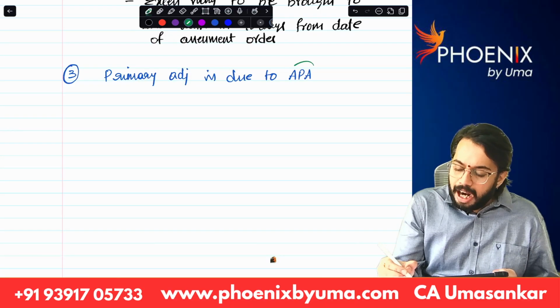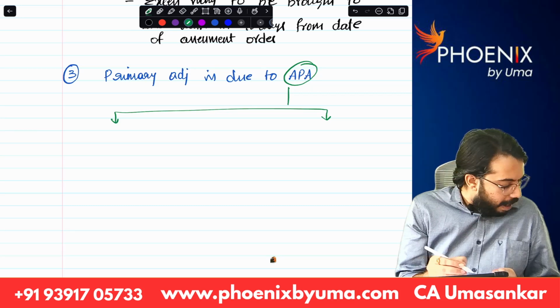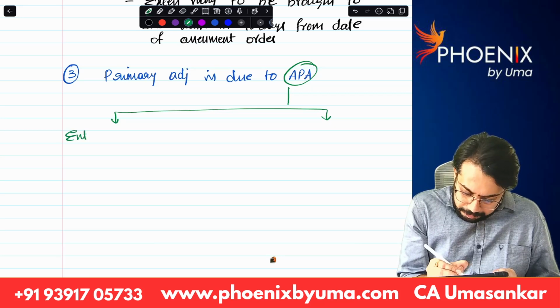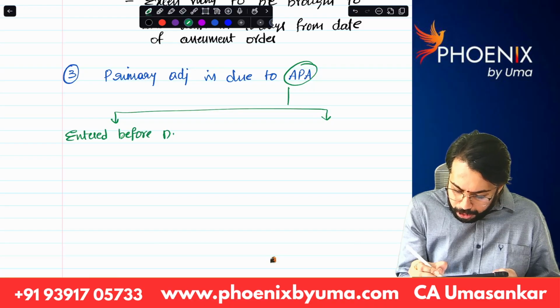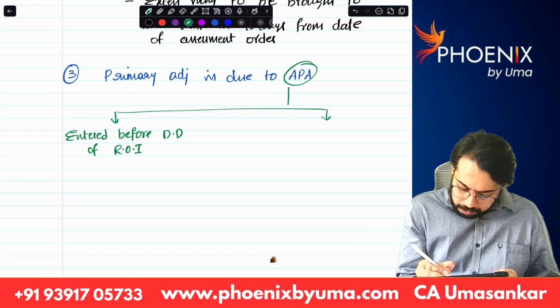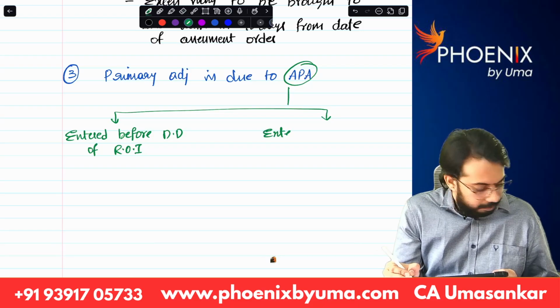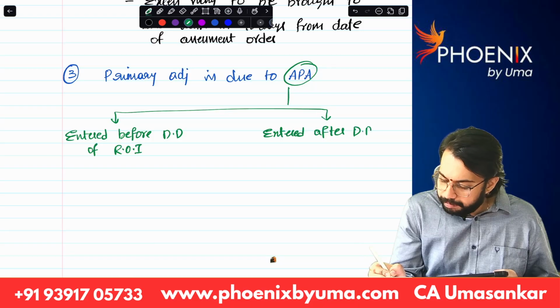See, if advance pricing agreement, if APA is entered before the due date of return of income, or if APA is entered after the due date of return of income.